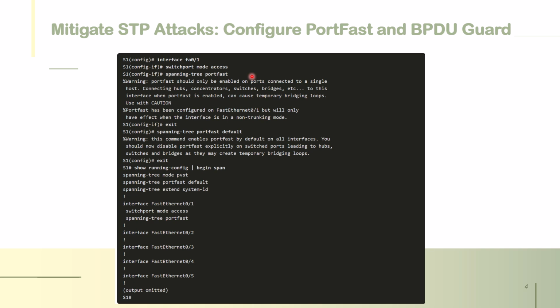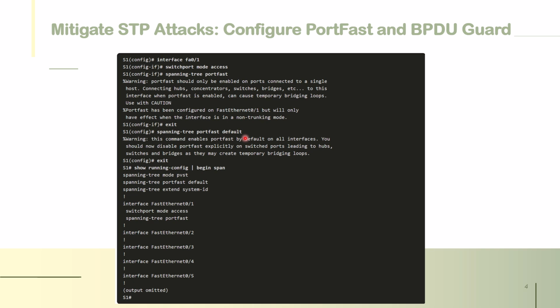In this case, we are enabling PortFast on an interface. Then if we want to enable it globally, we exit, go into global configuration mode, as we understand by the prompt, and type spanning-tree portfast default as a command. We are enabling PortFast on all access ports.